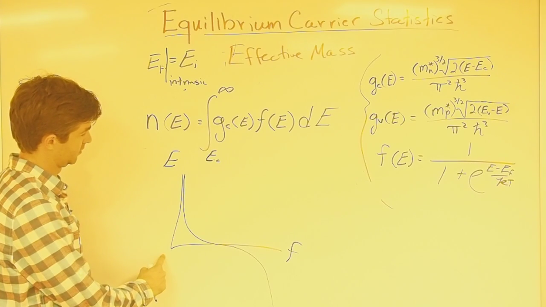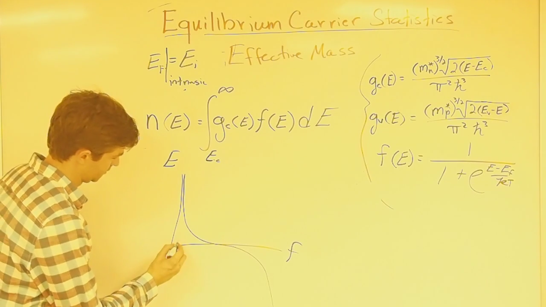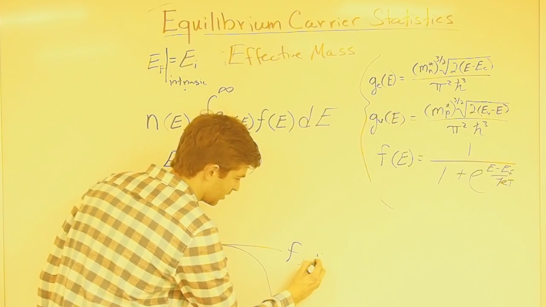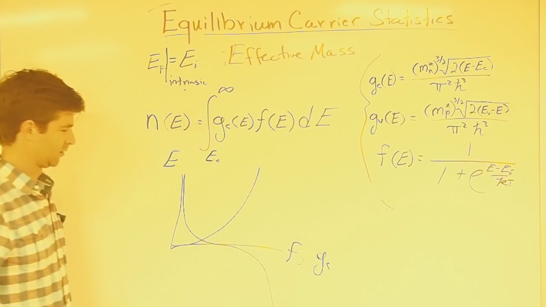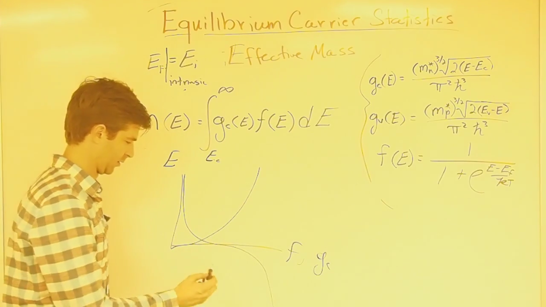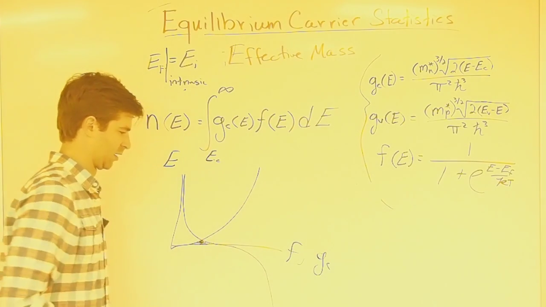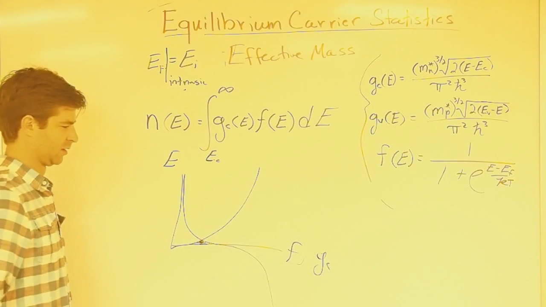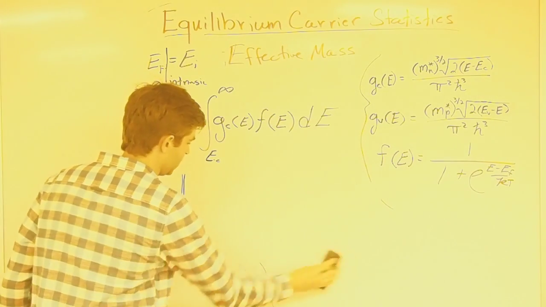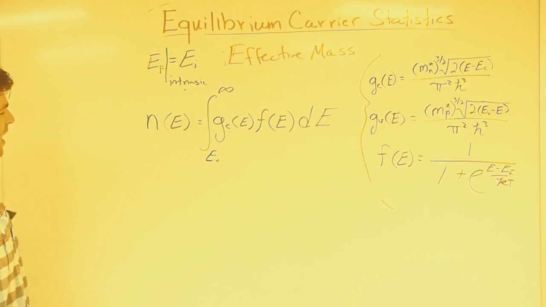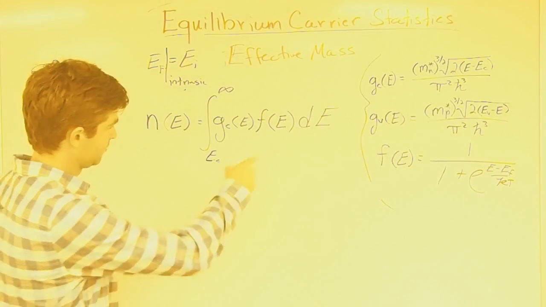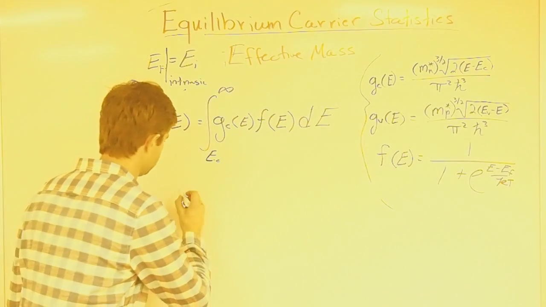Yeah, just like that. And if this is F and GC, it looks something like that. And we're looking in the area of the solution, which is this right here. We're going to come back to this plot a little bit later on, but for now, let's look at what we have here, GC and F of E. So let's start writing this integral out. What does this look like here?